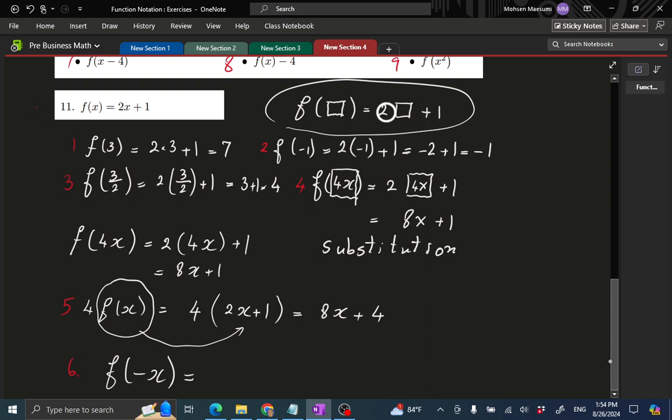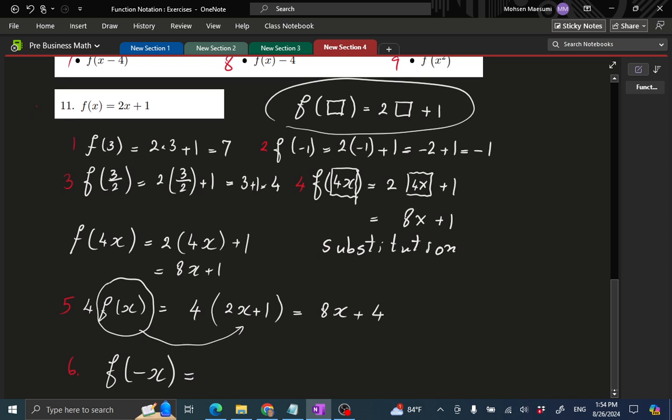Now fill in the box with whatever you want. In this case, we have minus x, so put this thing in a box. Remember, it's twice the box plus 1. Now the box has minus x in it. So minus 2x plus 1 is what comes out.